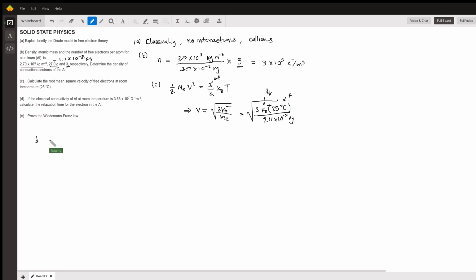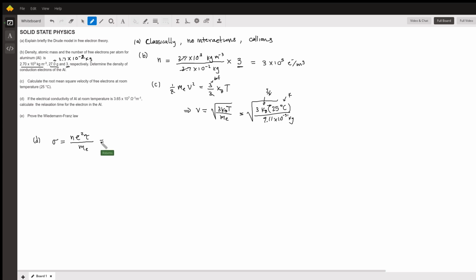Part D, this is where you need to know your formulas for the Drude model. You can calculate that the resistivity is given by this. It's the number density, the electron charge squared, the persistence time, so how long it takes for an electron to go without a collision, and then the mass of the electron.